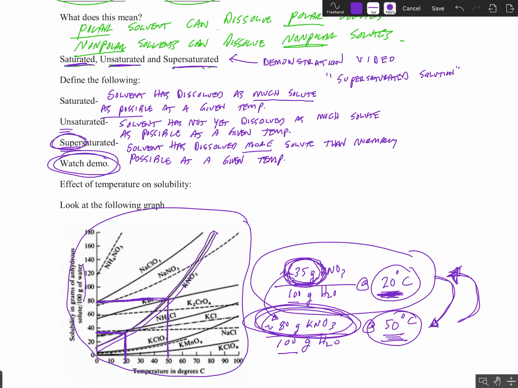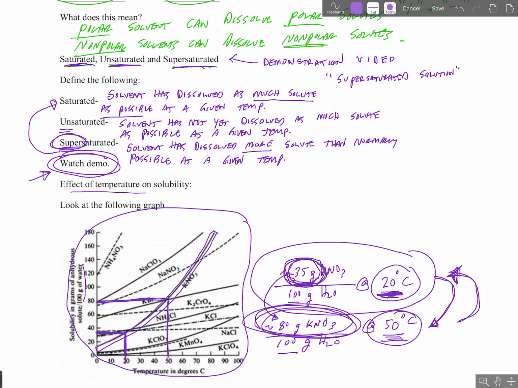These tend to be fairly unstable in that if you shake them or agitate them in any way, if you place the beaker that's holding that supersaturated solution on the countertop firmly, the vibrations might be enough to cause it to go from its supersaturated state back to its saturated state, and a bunch of crystals form really, really quickly. And that's why it's sort of kind of fun to watch. So watch the demo related to this, and I think you'll have a better appreciation for what supersaturated means.